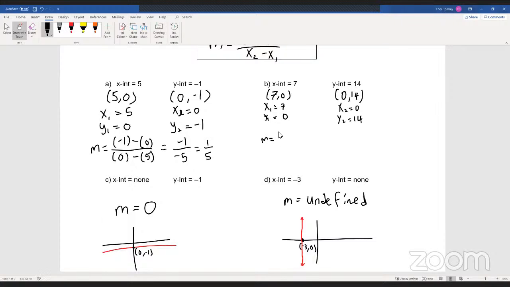Plugging it into my formula, I'm going to get 14 minus 0 over 0 minus 7. And that's going to be 14 over -7. To simplify this, you should get m is equal to -2 as your final answer. Okay, so m is equal to -2 should be your final answer.